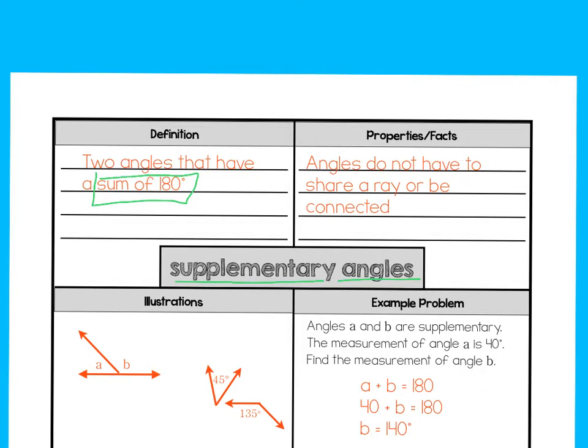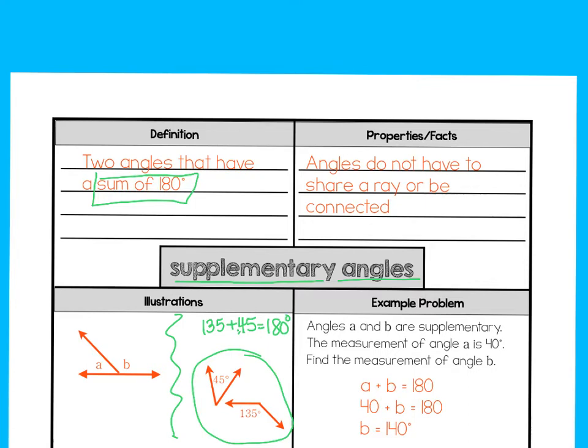So here, in the illustrations down here, let's look at this side first. These two angles are supplementary because if you were to add 135 plus 45 degrees, that equals 180 degrees. So these two are examples of supplementary angles, okay?